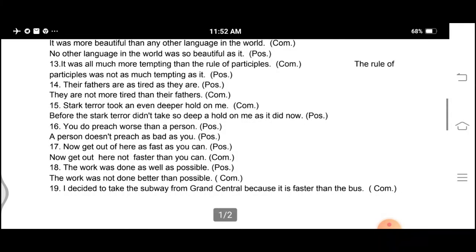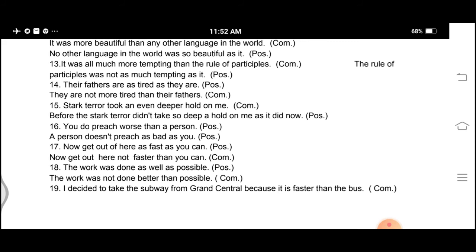A person does not preach as bad as you. Worse than a person. It's a comparative, sorry, there is a correction. Change it. In the 16th sentence, there is a comparative: You do preach worse than a person. It is comparative. And a person does not preach as bad as you.